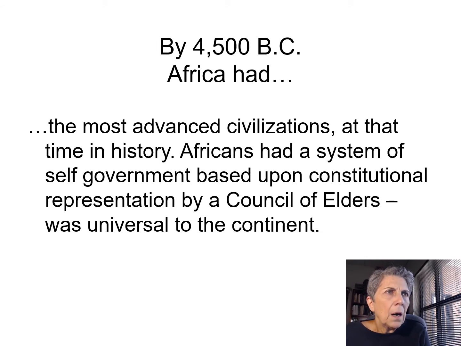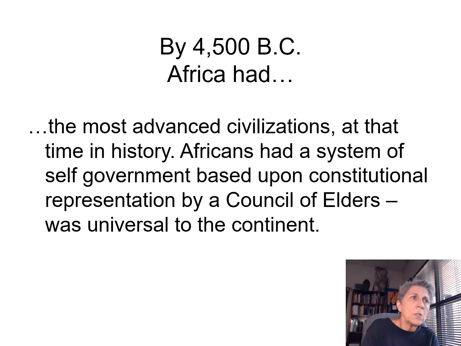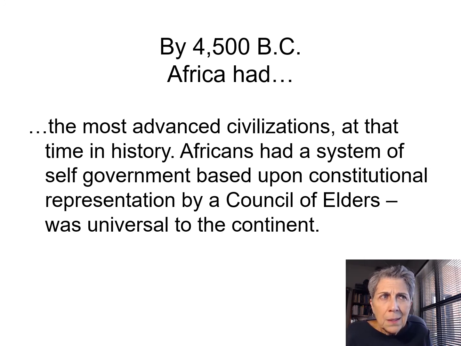And when we talk about government, constitutional representation by elders, a council of elders was universal. So this is already setting up on that continent this idea, in parts of the continent, not Egypt, this idea of a council of elders. Egypt goes a different way, totally different way.